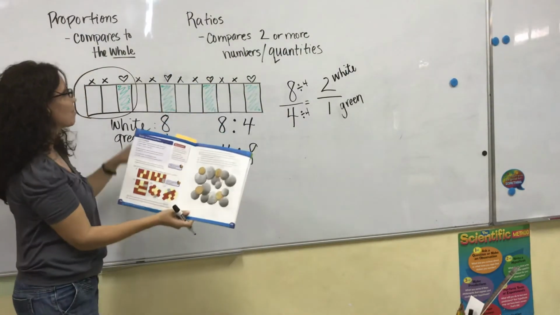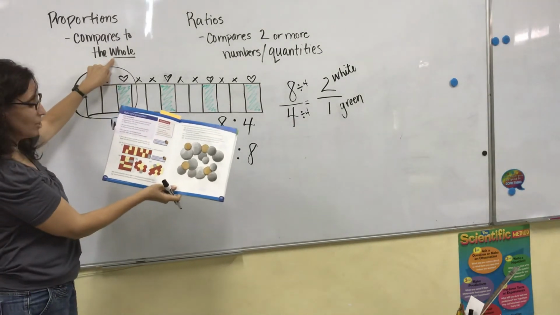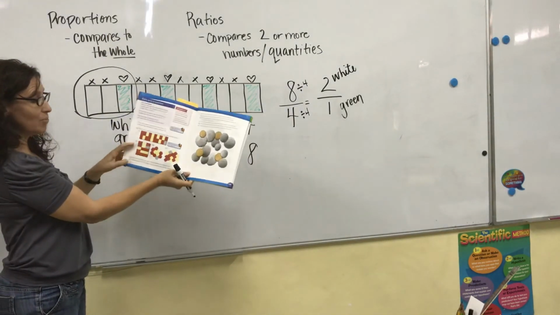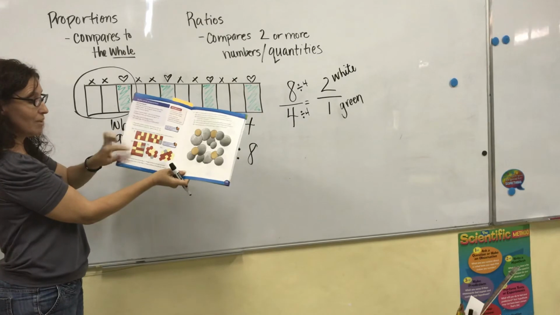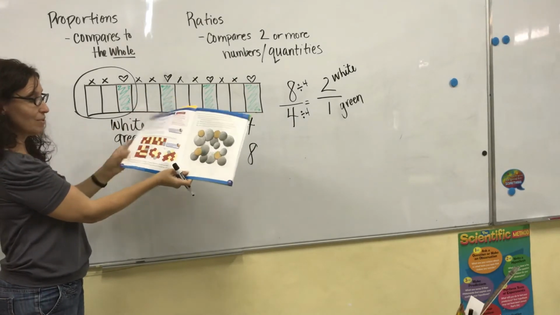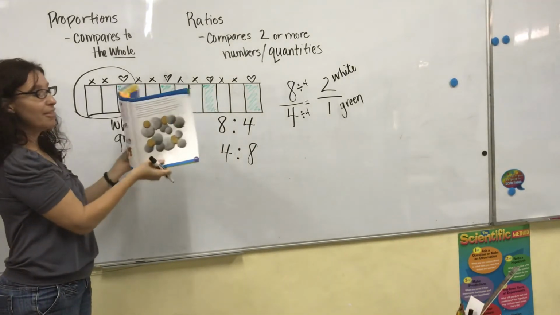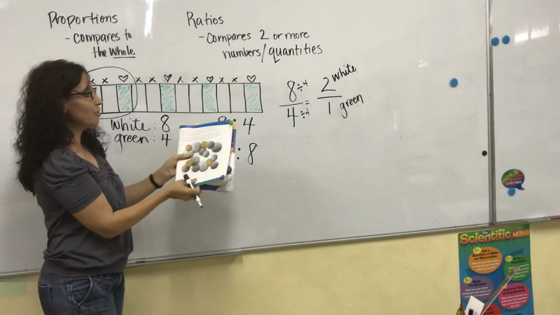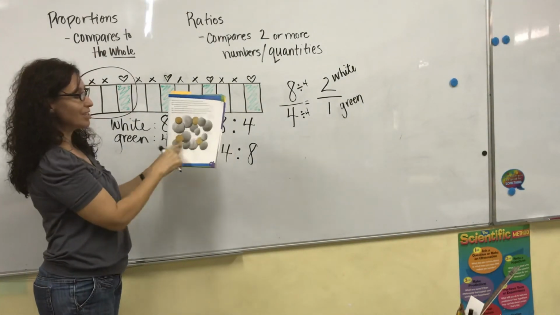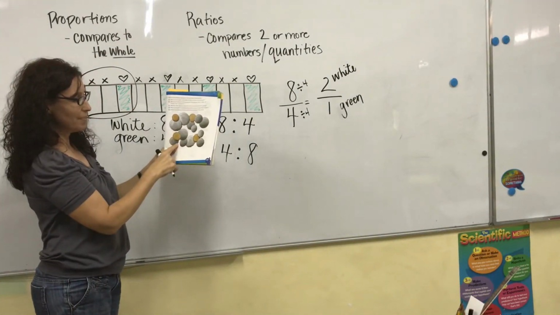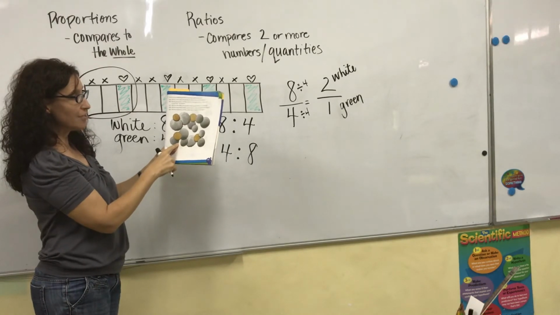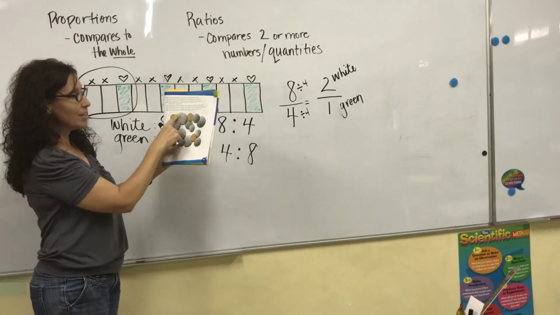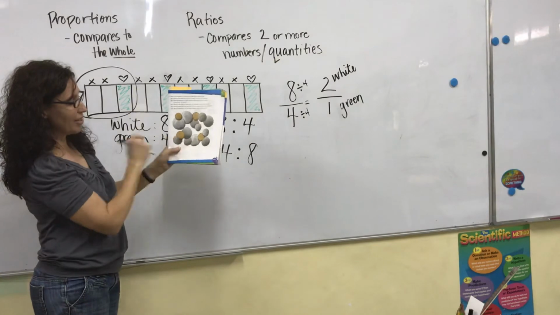Now remember what proportion is? Comparing to the whole. So how many red ones compared to the whole? How many yellow ones compared to the whole? Then on the second part of your work today, you're going to be looking at all of these coins. You've got some different kinds of coins. It looks like they're all from Australia here.